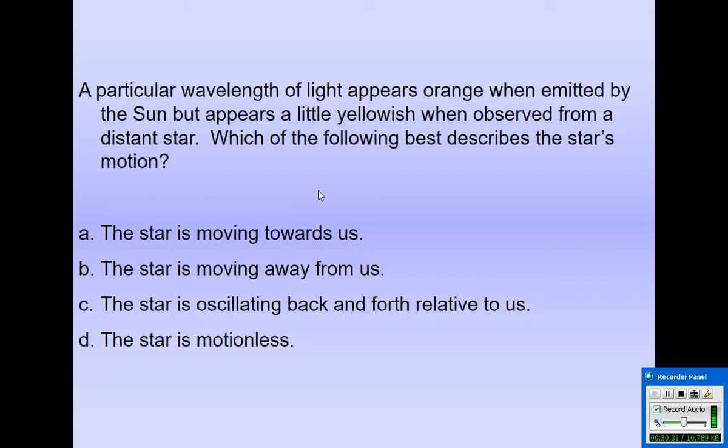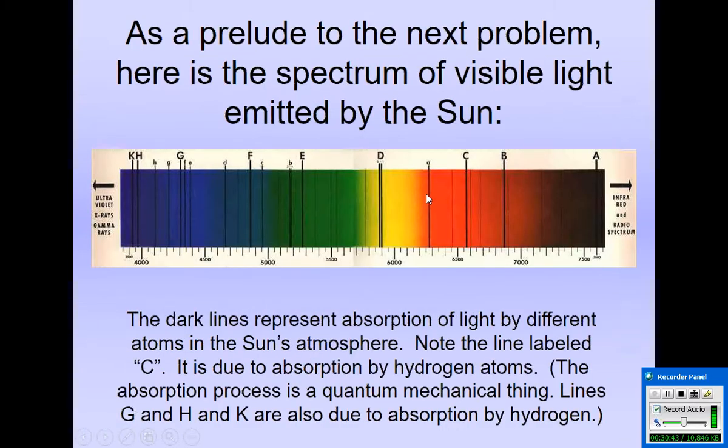Think about this question. When the sun emits or absorbs a particular wavelength, maybe we look at one that is orange. If we go back to the previous slide, in the orange part of the spectrum, you can see, for instance, this spectrum line right here labeled with a lowercase letter a.